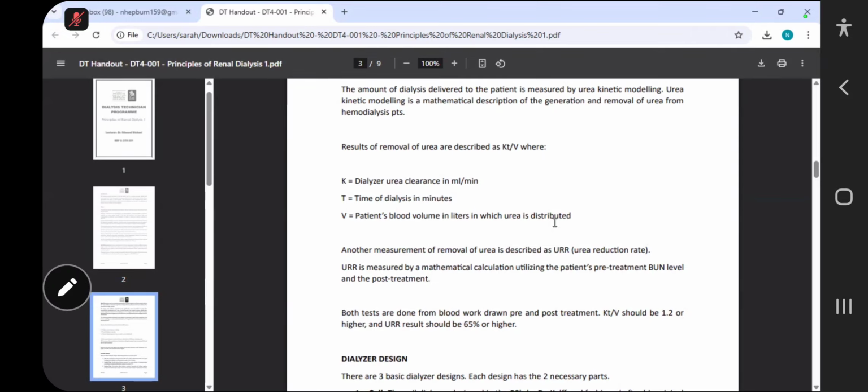So when a patient comes in to dialysis, right? Let's say like me, I weigh 65 kg. So my pre-weight is 65 kg, right?